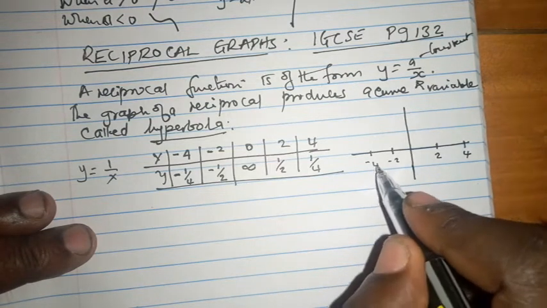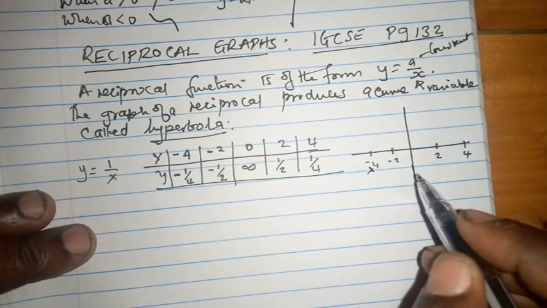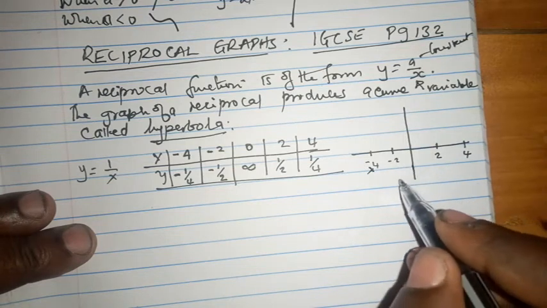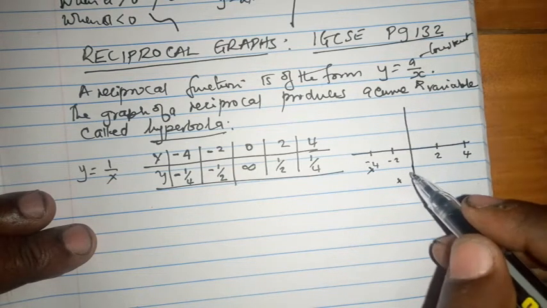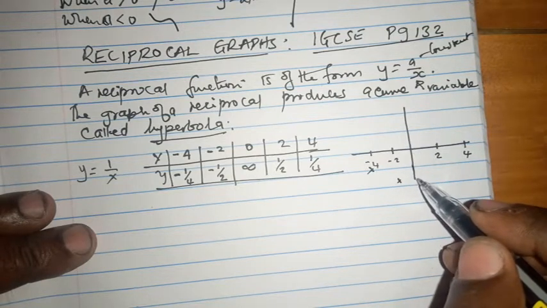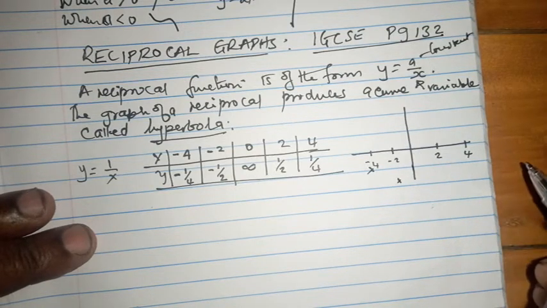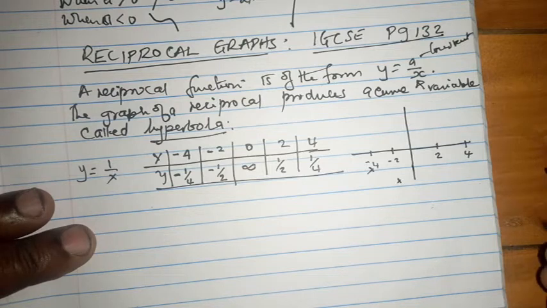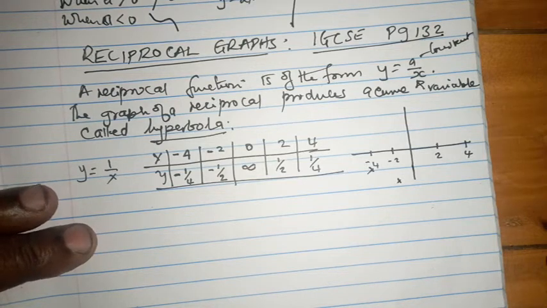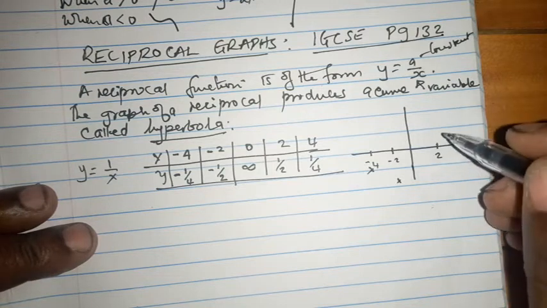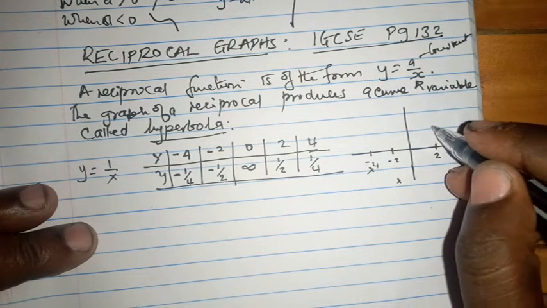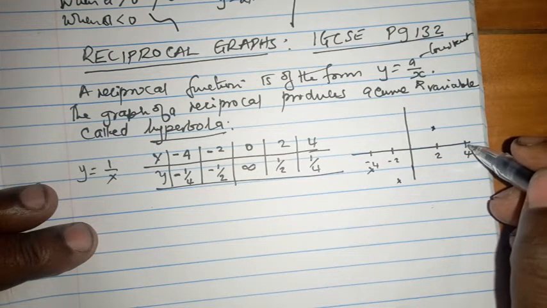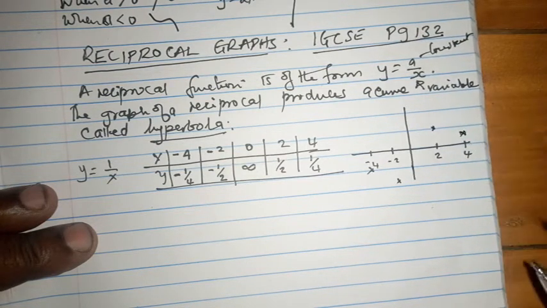When x is minus 2, minus a half. When x is 0, it's going to be infinity. Infinity means something that cannot be described. And when x is 2, we have a half. When x is 4, we have a quarter there.